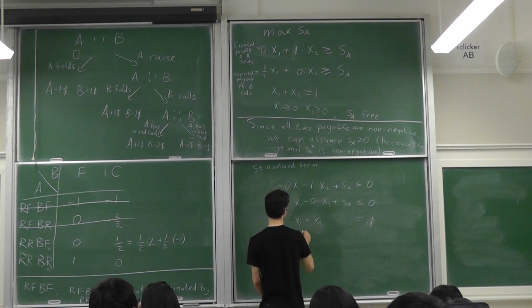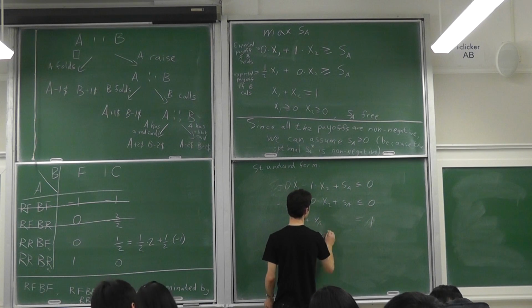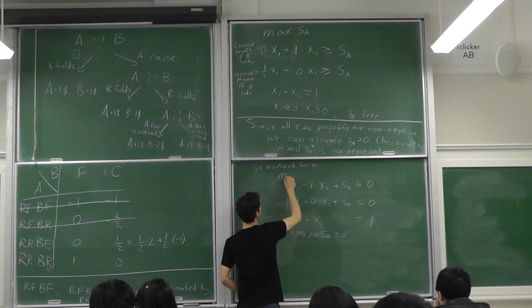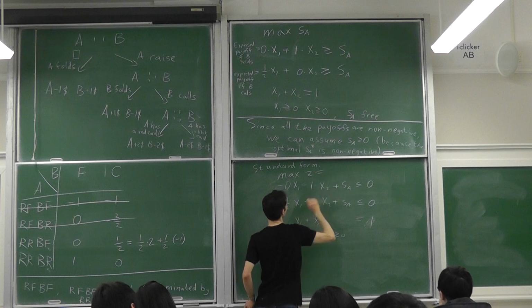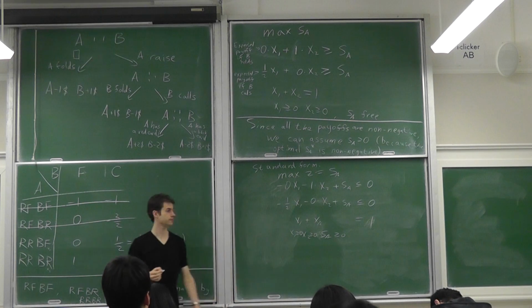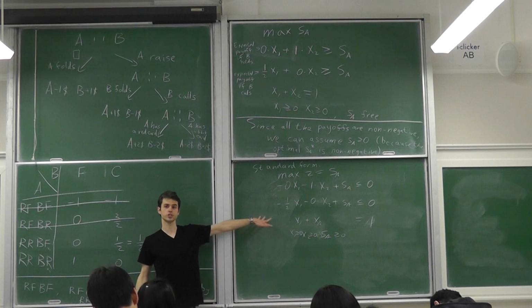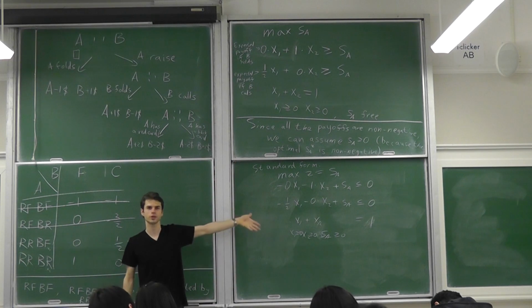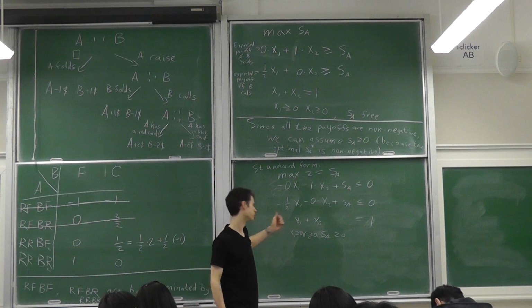Well, x1, x2, SA all non-negative, and I want to maximize some number z, which is in fact SA. So this is just the same problem written in standard form, and now we can apply the usual simplex algorithm.